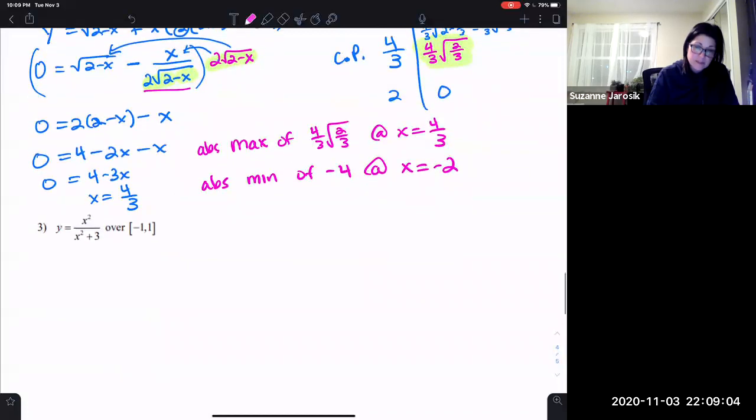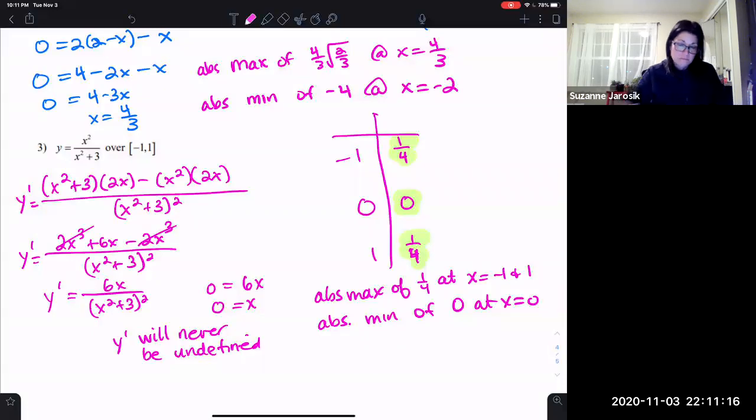Okay. Last one. A little quotient rule. Again, pause, and then I'm going to have the answer up. All right, we're back. So go ahead and check your work.